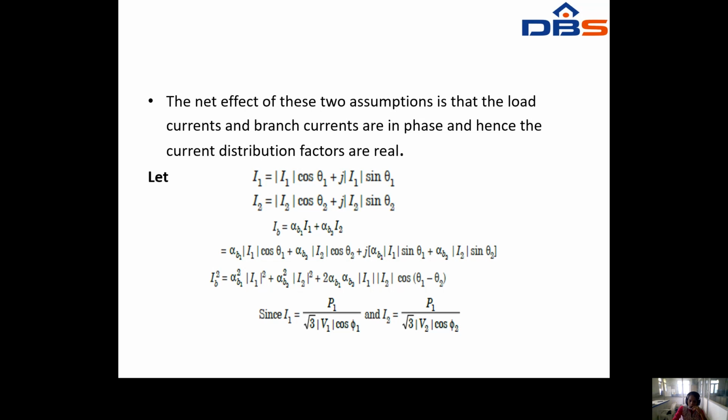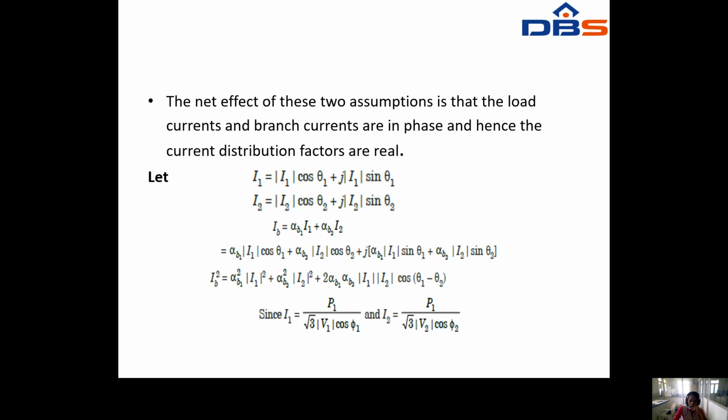IB equals alpha B1 I1 plus alpha B2 I2. Substituting the I1 and I2 values, IB equals alpha B1 I1 cos theta 1 plus alpha B2 I2 cos theta 2 plus j times alpha B1 I1 sin theta 1 plus alpha B2 I2 sin theta 2.